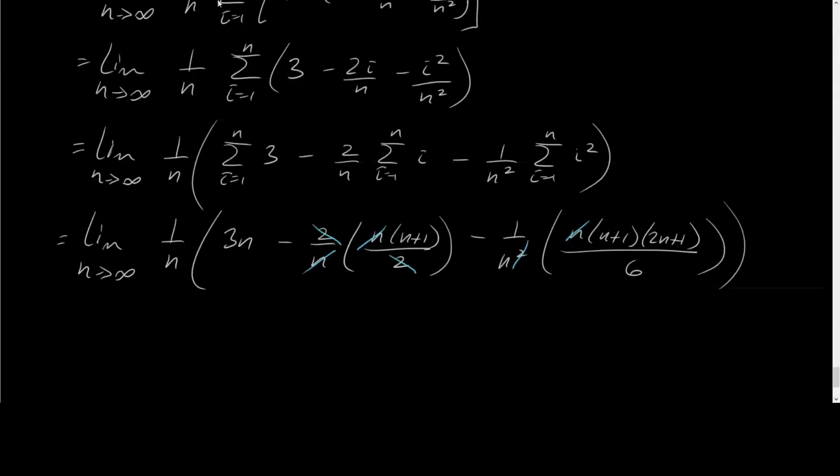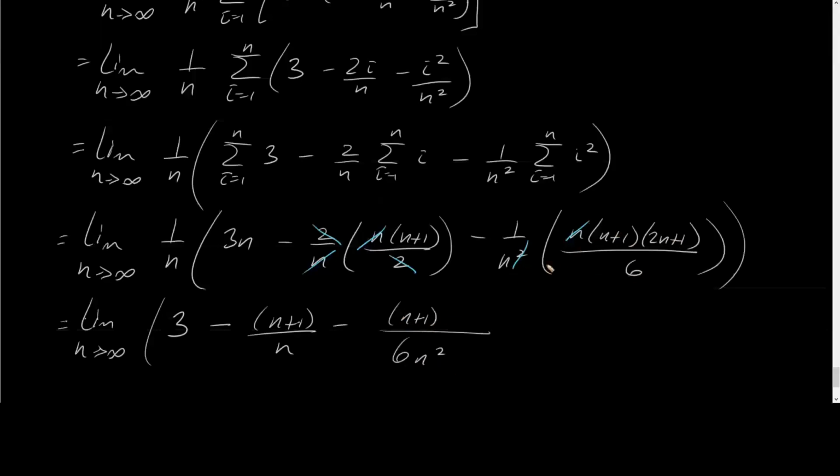Let's distribute this 1/n now. So I end up with the limit as n goes to infinity of 1/n times 3n is just 3, minus 1/n times (n+1), so we have (n+1)/n, minus 1/n times 1/n is n squared, and then that times 6 is 6n², and on top here, I still have that (n+1)(2n+1).